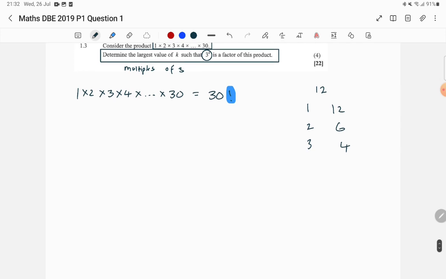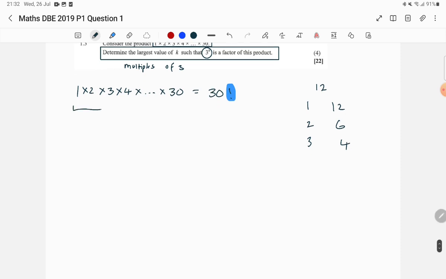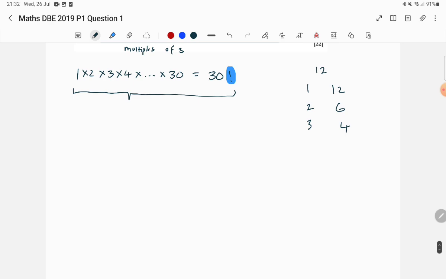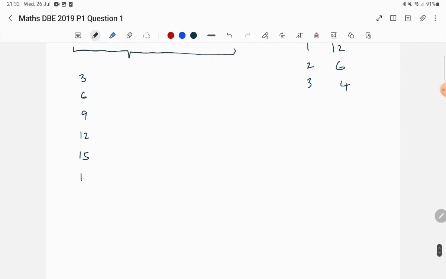So from this 30 factorial, I'm going to reformat it and only look at 3, 6, 9, 12, 15, 21, 24, 27, and then of course 30.